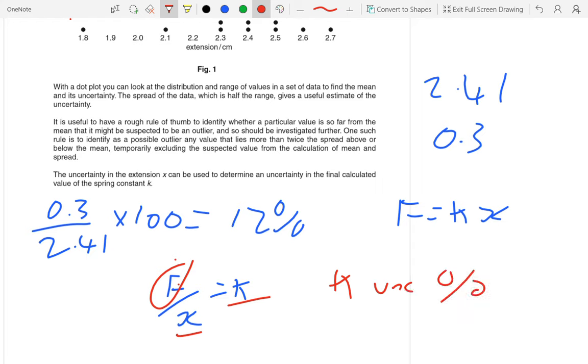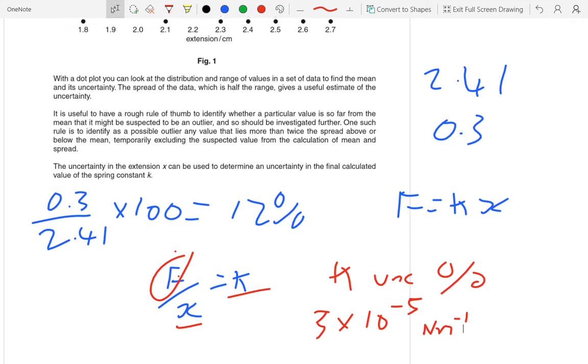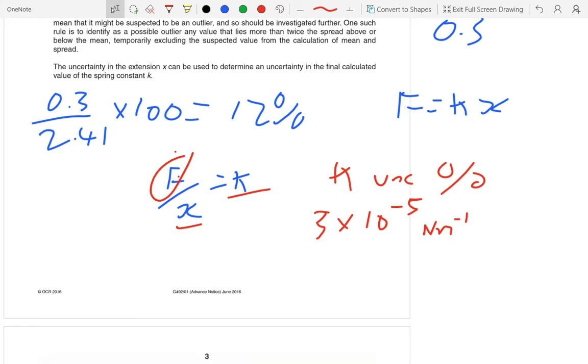So say you got the value of K to be, I don't know, 3 times 10 to the minus 5, what is it, newtons per meter. If you want it to be that, then you just do 3 times 10 to the minus 5 times by 0.12, and that gets you your uncertainty on the spring constant.